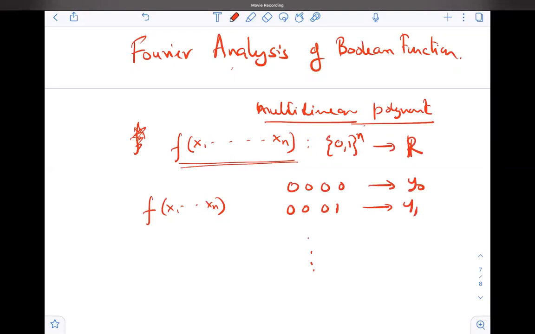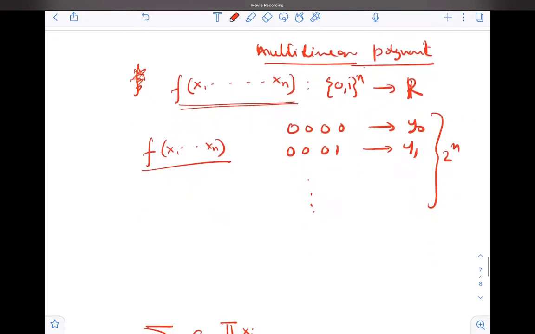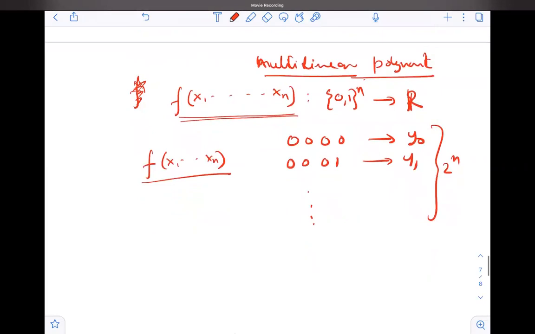The evaluation of the function at all the 2 to the power n points. So this is the most standard way of giving a function. This is the most primitive way of presenting the function.